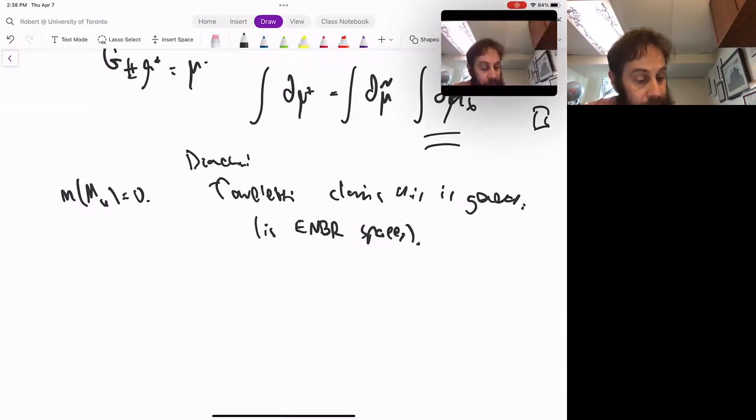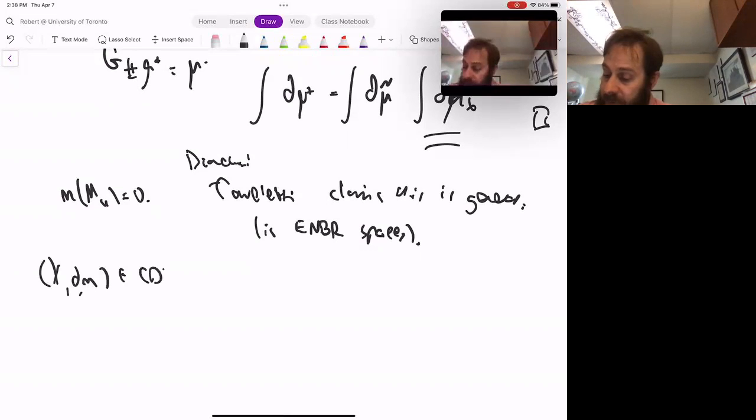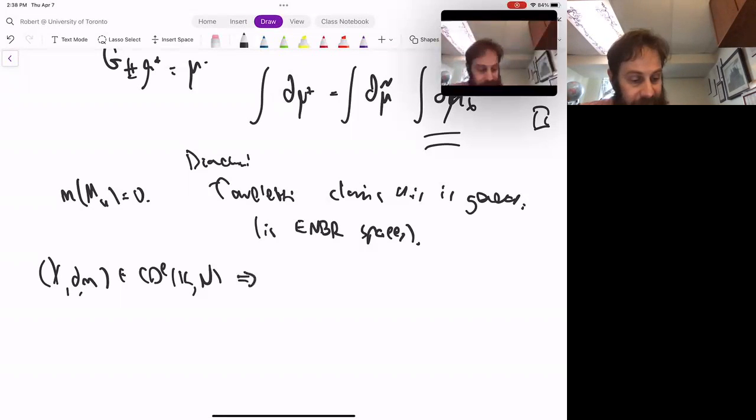And then the other thing that Cavalletti shows, and this is fairly straightforward, is that (X,d,m) belonging to CD(K,N) implies a couple of things.